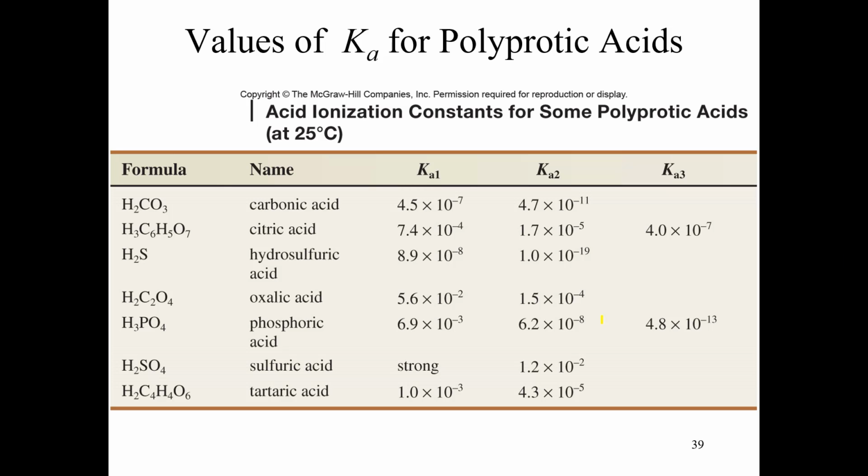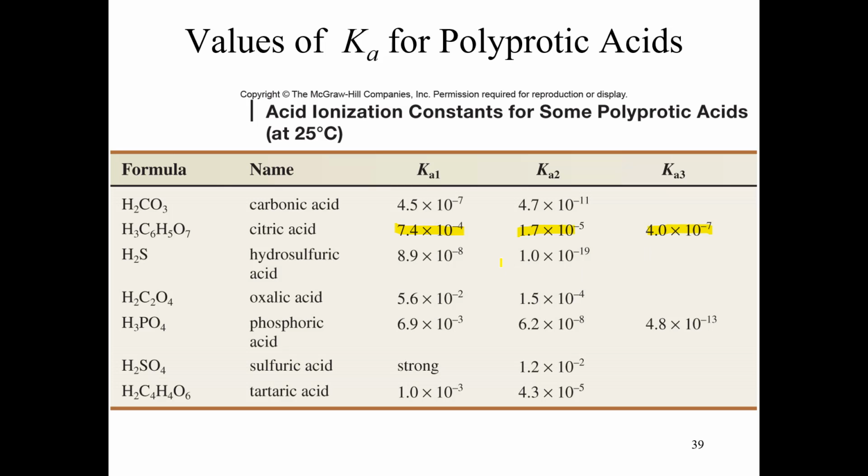You can see over here, for example, citric acid has 3 ionization constants because it has 3 acidic hydrogens. And one thing you can probably make note of is, actually, let me ask you, what do you notice about these successive values of Ka, Ka1, Ka2, Ka3?